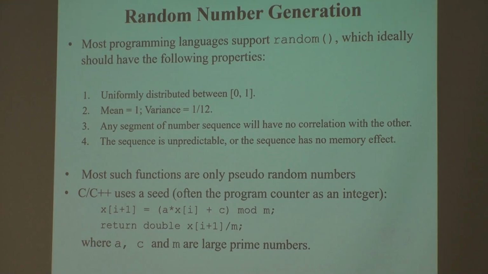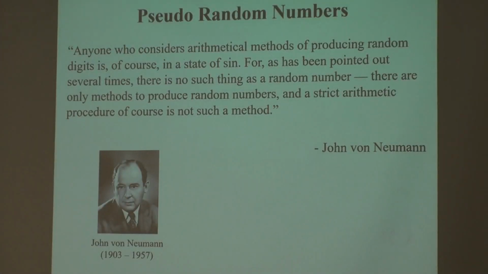So you can believe that the generator probably satisfies the first two properties easily, but because it's generated from a sequence, it is not true for the next two criteria when you get a random number from your language. Indeed, from the very beginning, John von Neumann said that if you think your computer can generate a random number, you are in a state of sin.